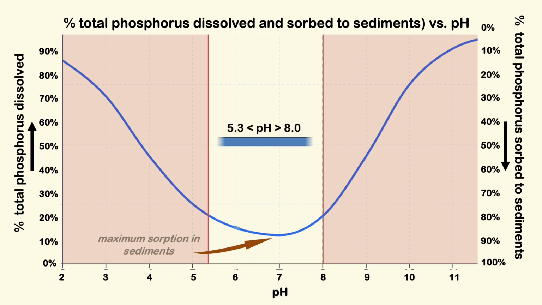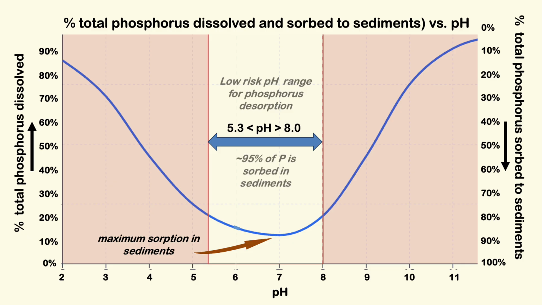Phosphorus is most strongly sorbed to sediments between pH 5.3 and 8. In this pH range, about 95% of phosphorus in unpolluted lakes and streams is sorbed or precipitated in sediments, and the dissolved and biologically available concentrations are very low, seldom above 0.1 milligrams per liter.